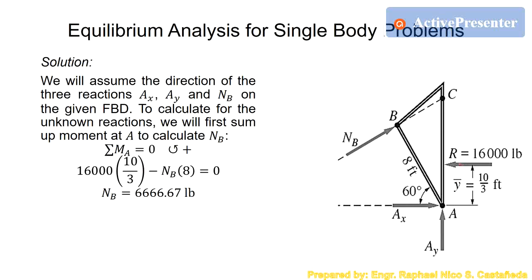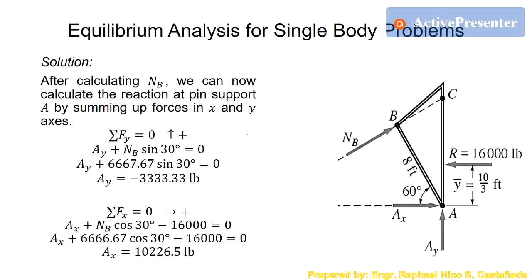That is positive because that is counterclockwise, because this is going in this direction. Then we have NB. At point A it is clockwise, so that is negative NB times 8. So, you will get NB equals 6,666.67 pounds. Then after that, we can now calculate summation forces Y and summation forces X.